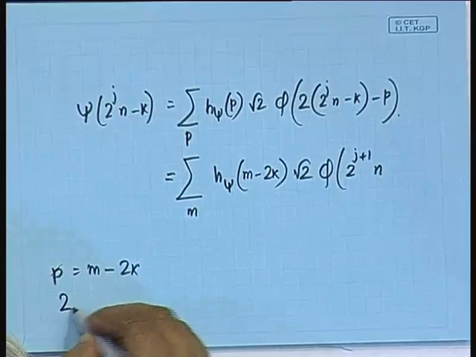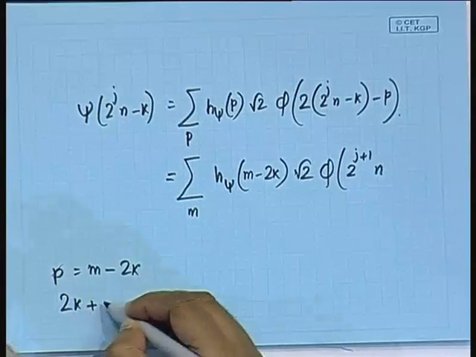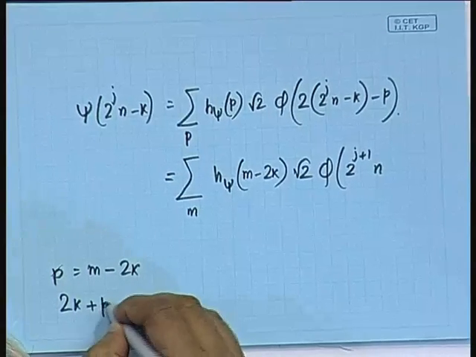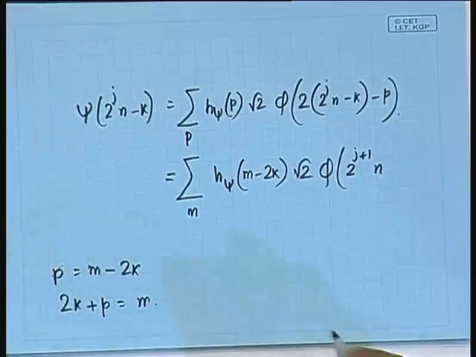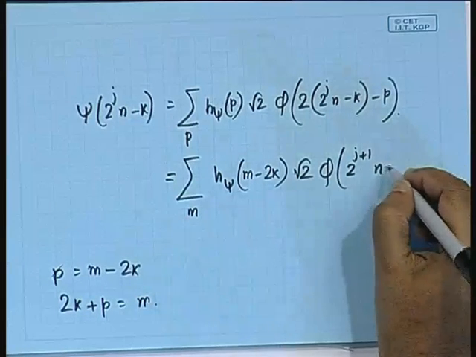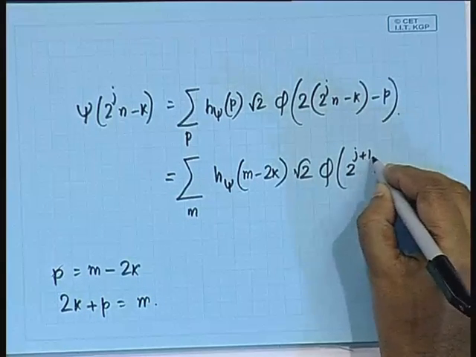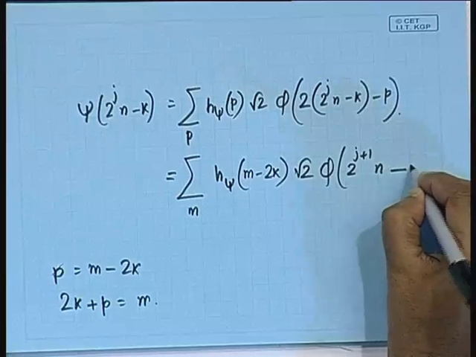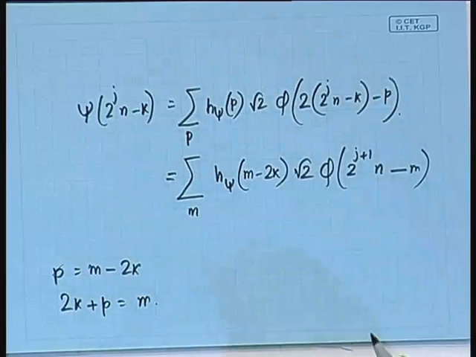So, 2k plus p is equal to m. So, in this case I am just going to write 2 to the power j plus 1 n minus m.